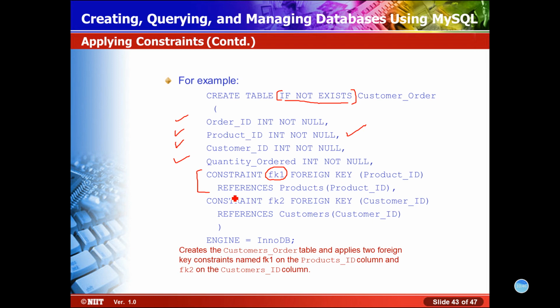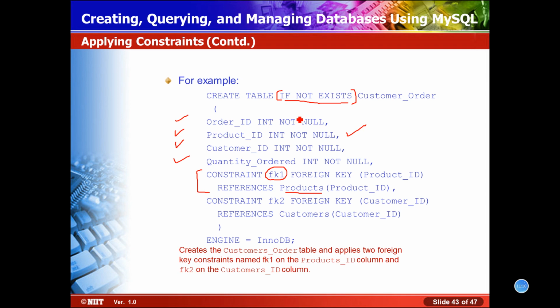This foreign key references the product table, and which column in the product table? Product ID. And now, one table can have many foreign keys. I repeat, one table can have many foreign keys. Okay, but one table can have only one primary key.